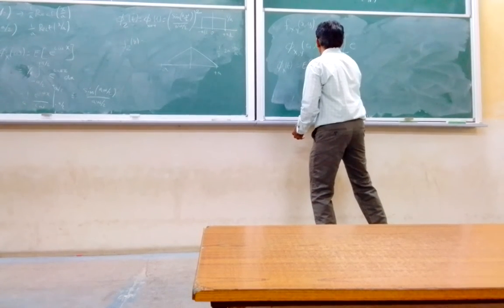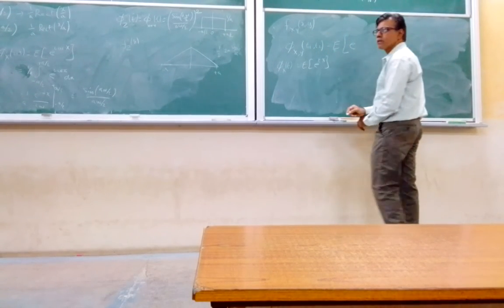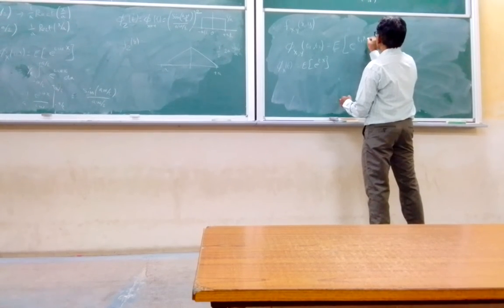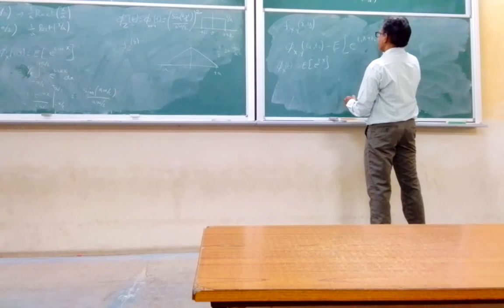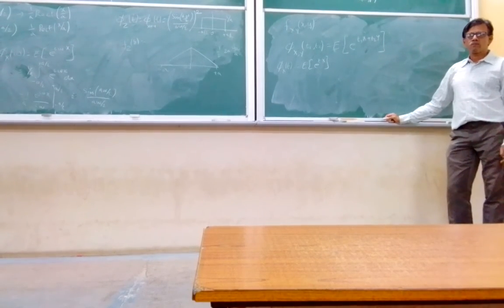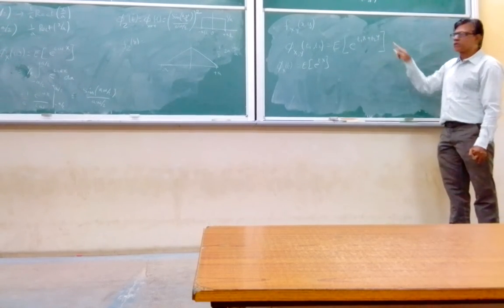Expectation of e power of tX. Here we should have the expectation of e power of t1 X plus t2 Y. This is how we have to do it.